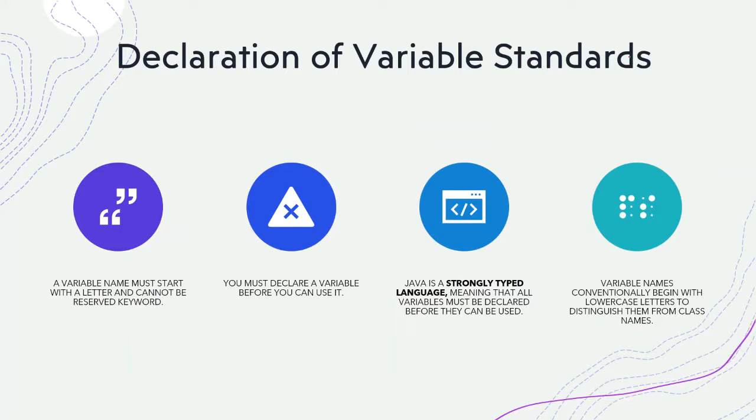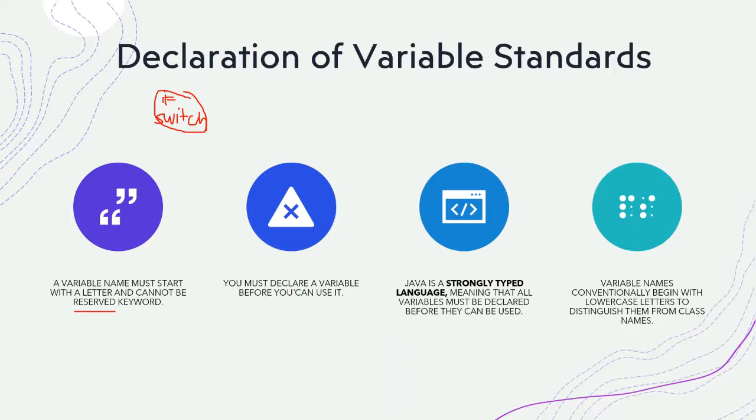Declaration of variable standards. In programming, there are also standards that we follow in the declaration of variables. A variable name must start with a letter and cannot be a reserved keyword. Reserved keywords are those like if or other keywords that we are using. Let's say switch. So meaning to say, your variables cannot have these keywords. And there are a lot of reserved keywords in Java, so it would be better to search for those keywords in order to avoid using them as your variable.